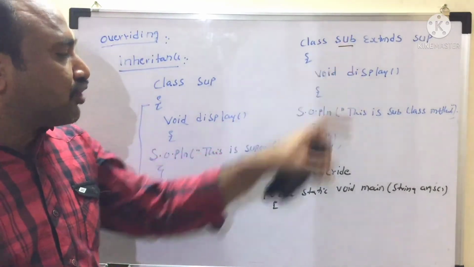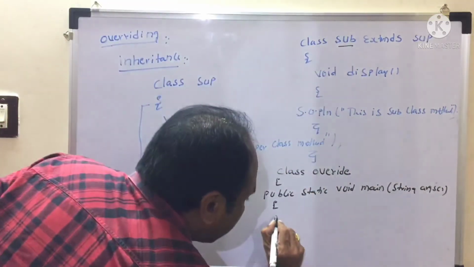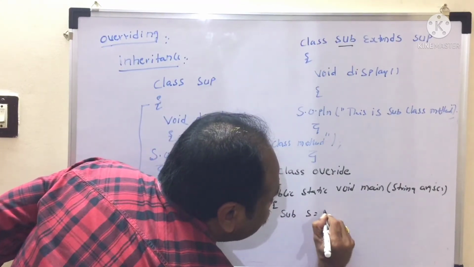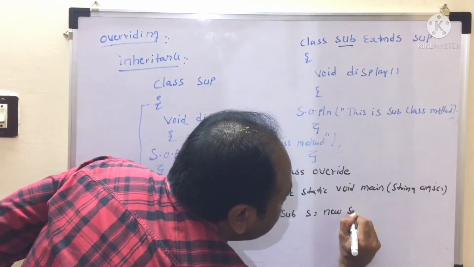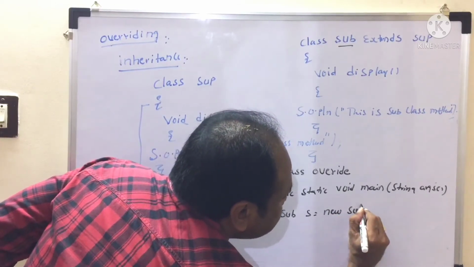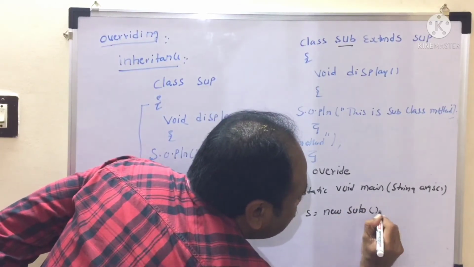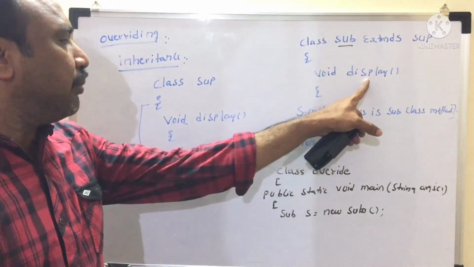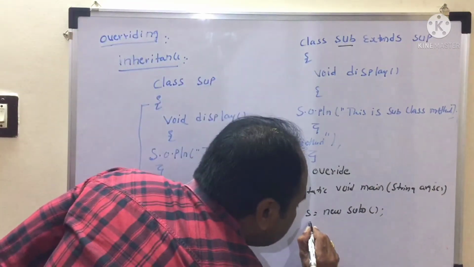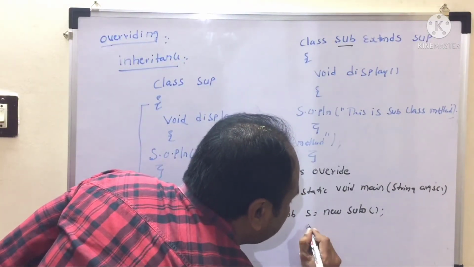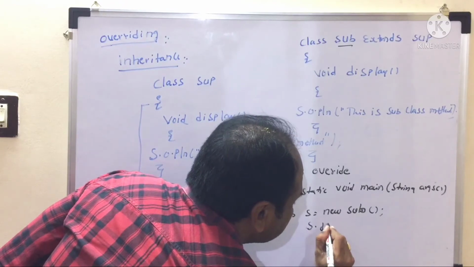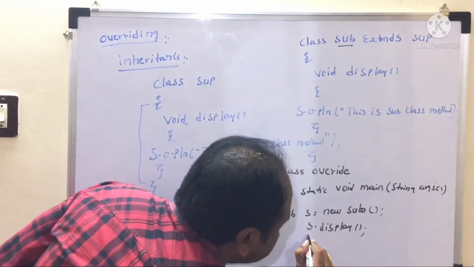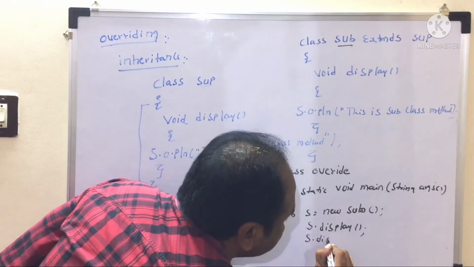If we create an object to the subclass, the class name is SUB, object name s equal to new SUB followed by parenthesis. Using this object variable to call the display method, I write s.display. Again, to call the other display also, we write s.display.